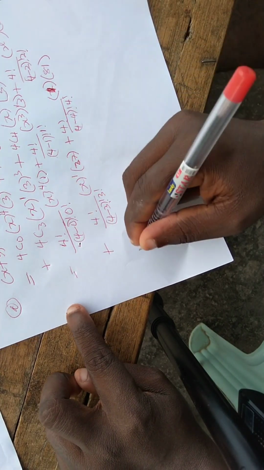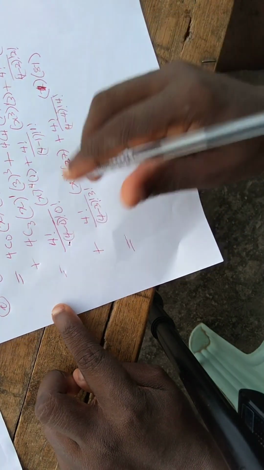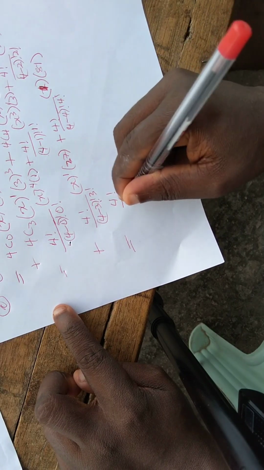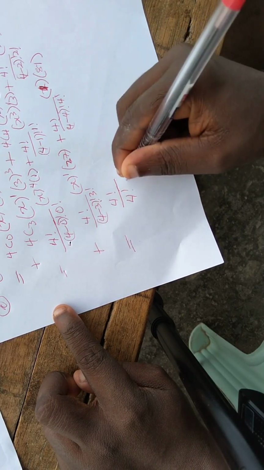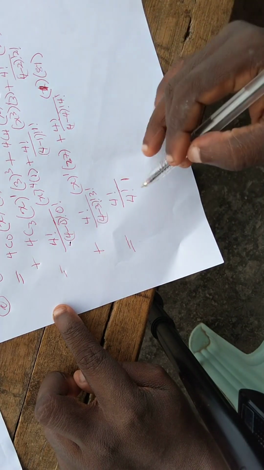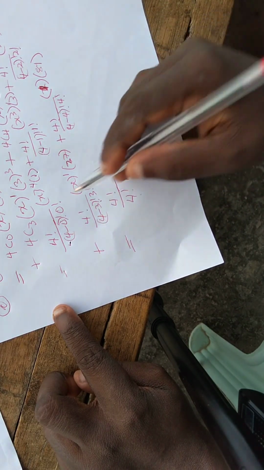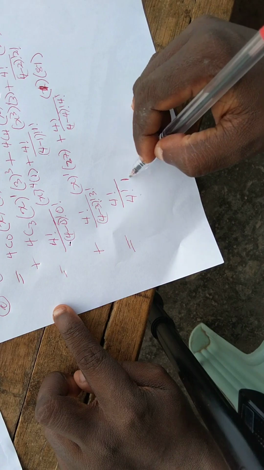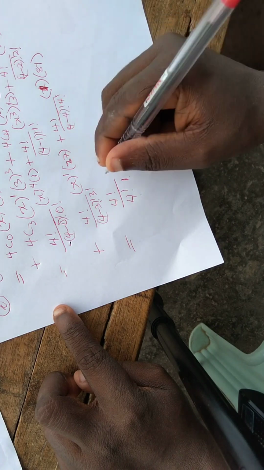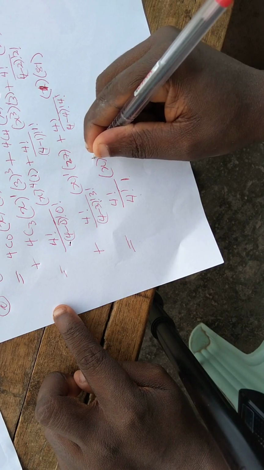So at the end of the day, we have 4 factorial over 4 factorial. 4 minus 0 is 4, which gives 4 factorial, then 0 factorial is 1, into x raised to power 4.